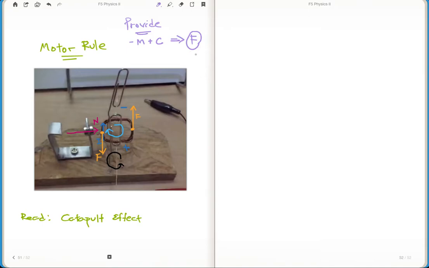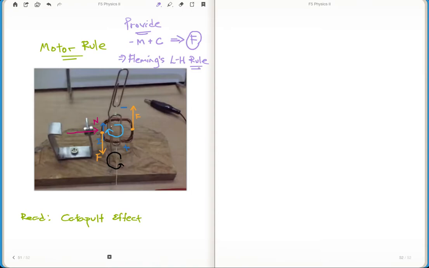Is it down or up? How do you do that? You make use of Fleming's left-hand rule. Okay, now that's all for this part of the video.